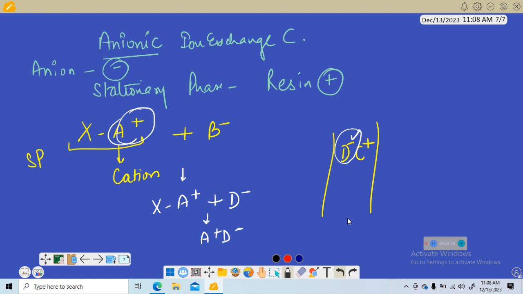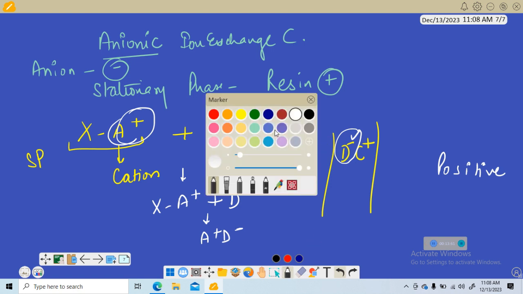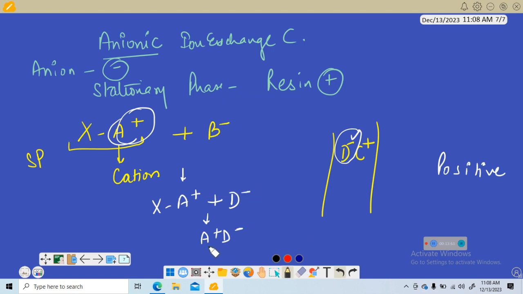So here, what will be eluted out? Positive as well as neutral. So A positive and D negative are getting bound here, so we are left with C positive and this B negative.